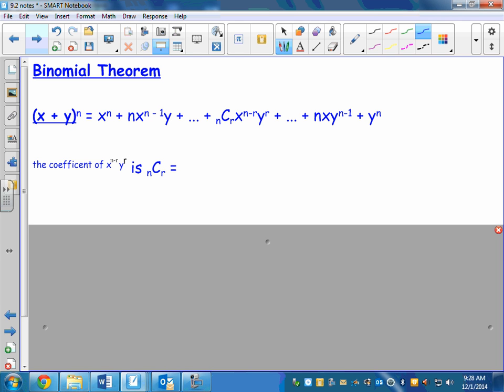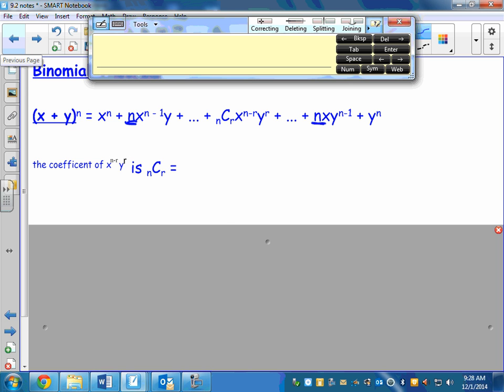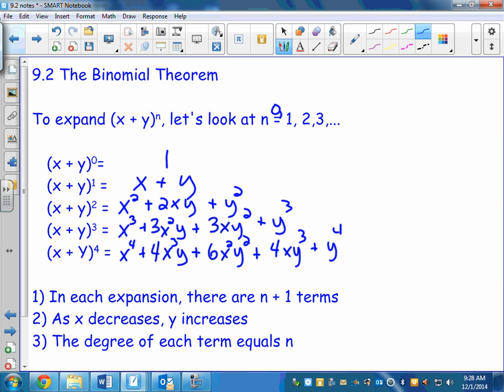That's the combination part. So also notice, let's go back for just a minute, if you look at the second term and the second to last term, it's always the power here. Kind of weird with n, so let's go back for a second. On the 4, notice this was a 4, this was a 4, notice 3 and 3, and there's a 2 in the middle, right?